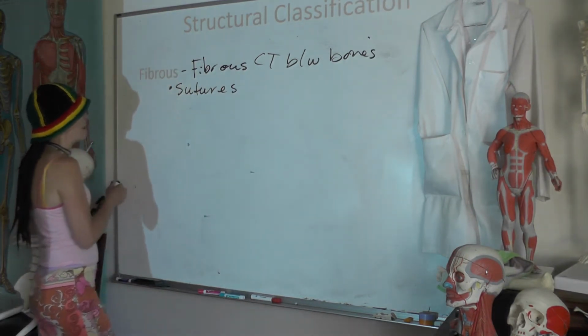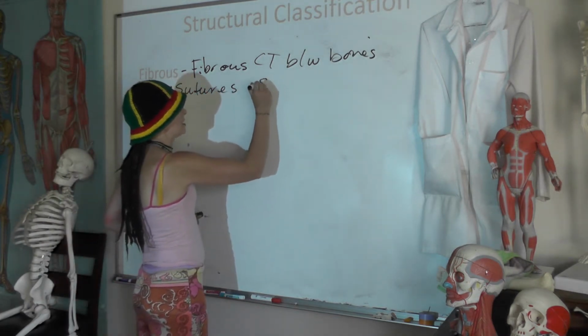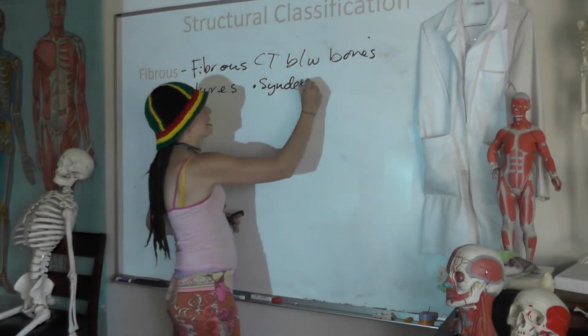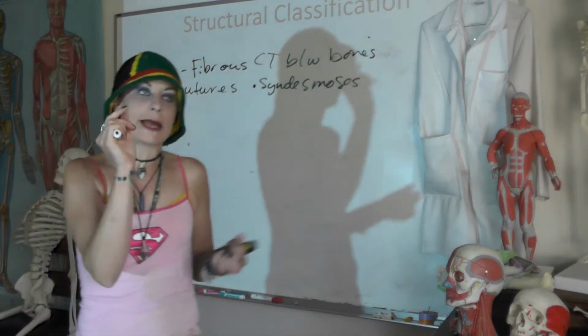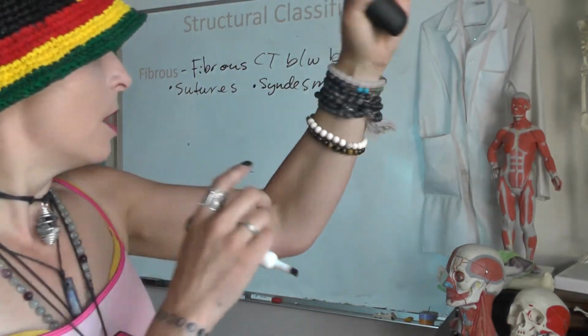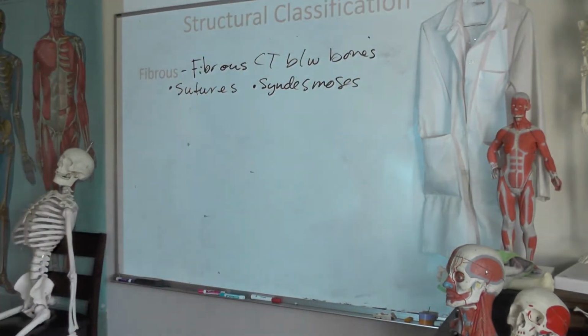The second type of fibrous joint we have is what's called a syndesmosis, or syndesmoses. This can be where we have a little ligament attaching 2 bones to each other, or my favorite examples are what are called interosseous membranes between your radius and ulna and your tibia and fibula.